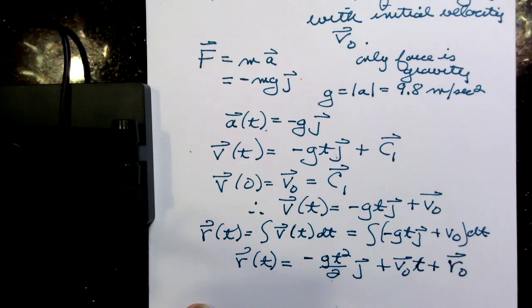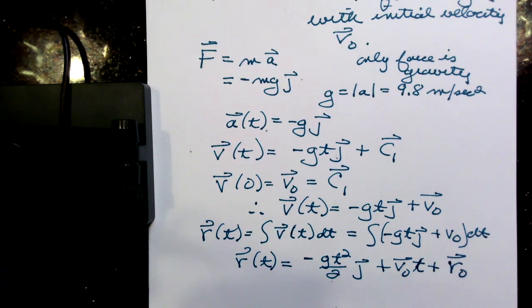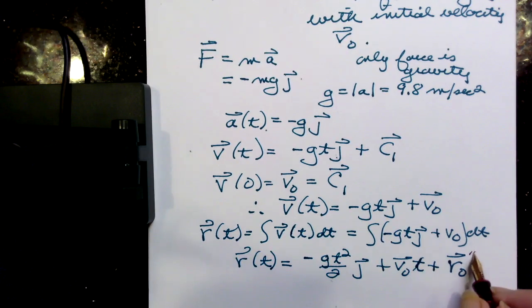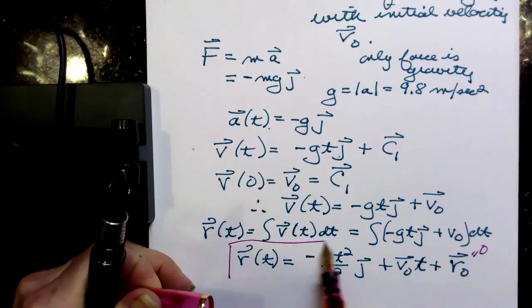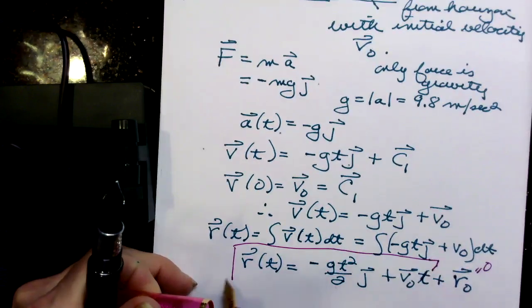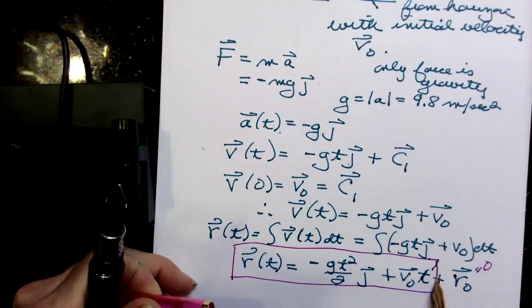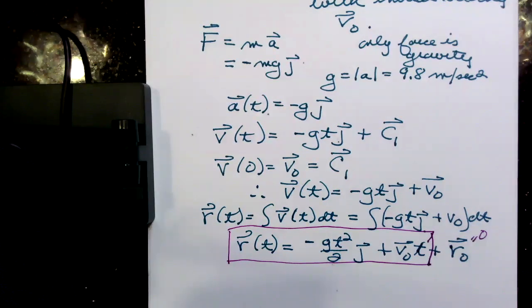It's not hard to see that that constant there would have to be the initial position, but it started from the ground. That's what I said. So r of 0 is equal to 0. So here's the formula for the position vector at time t.